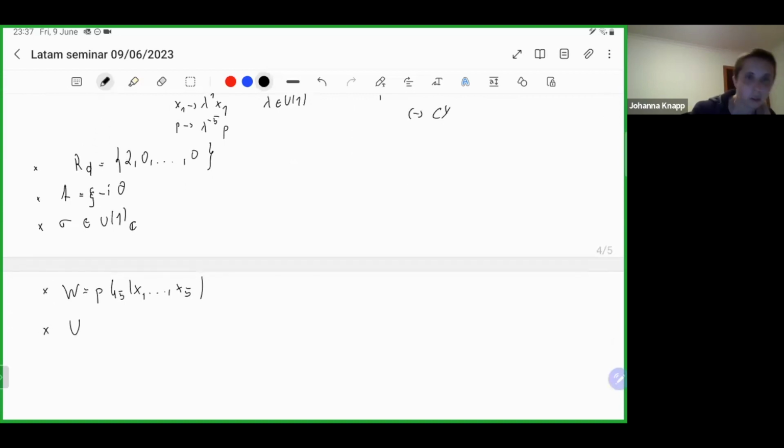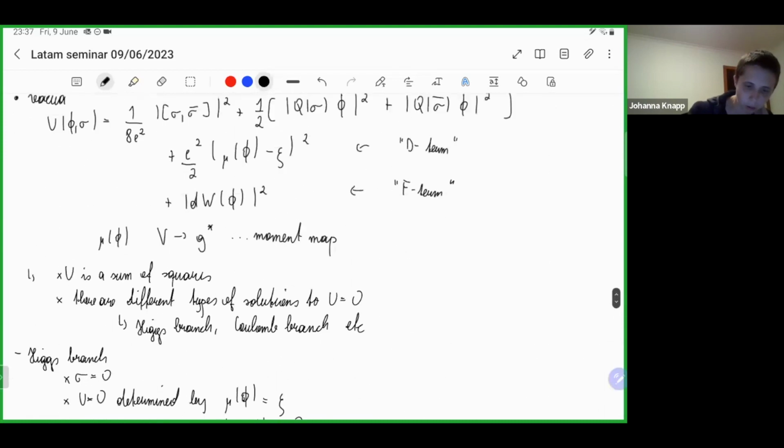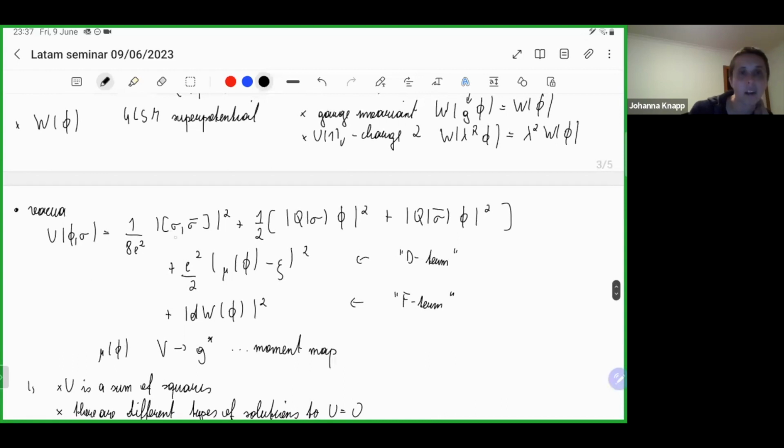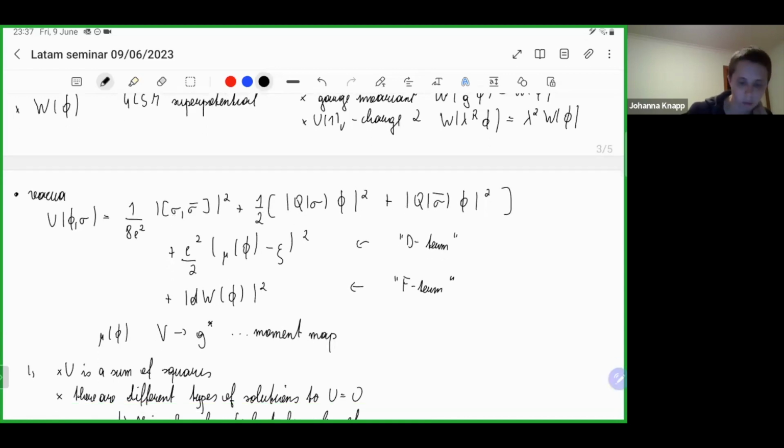So the next thing to do is to write down the scalar potential explicitly. Going back to the most general form, we see here that we only have one sigma that trivially commutes with itself. So the first term here is already gone. And we have to fill in the gauge charges for the various fields for the second term here, and the D term and the F term.